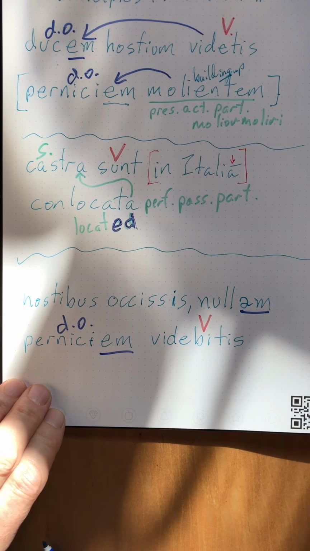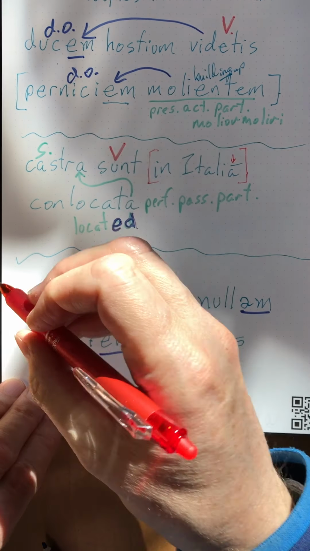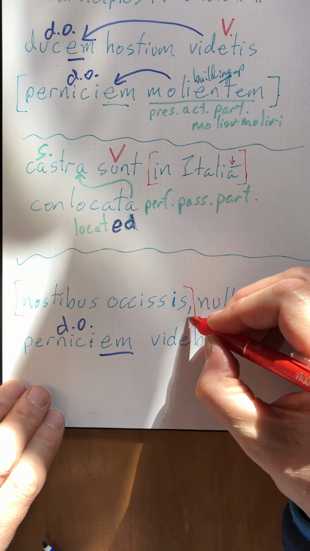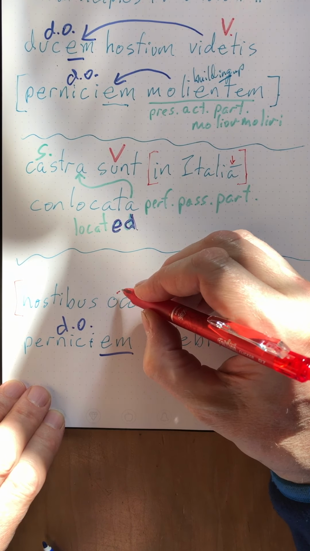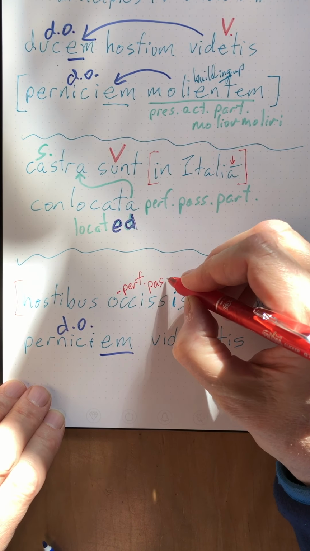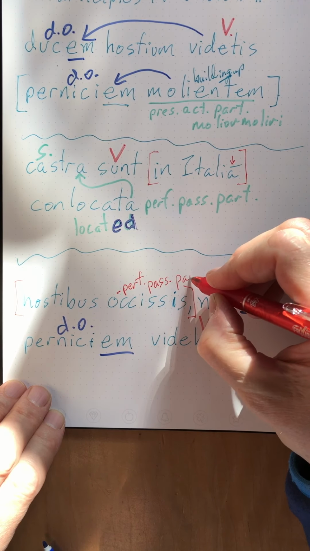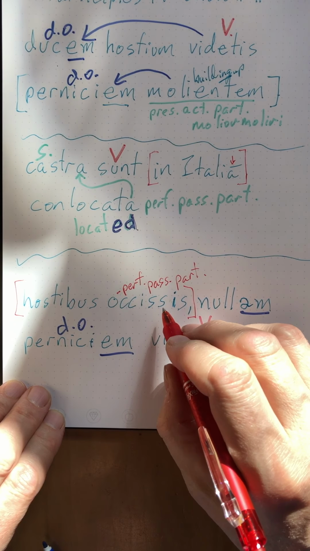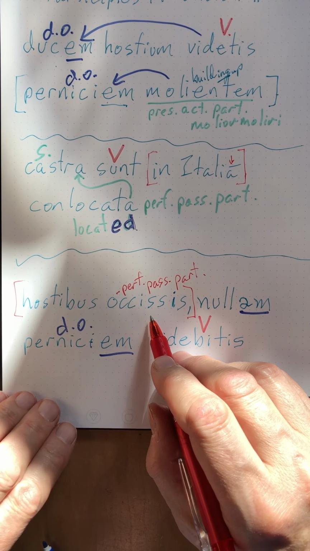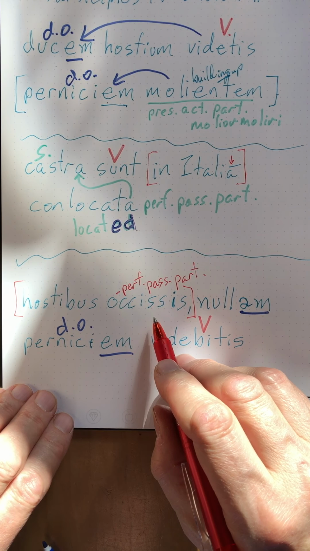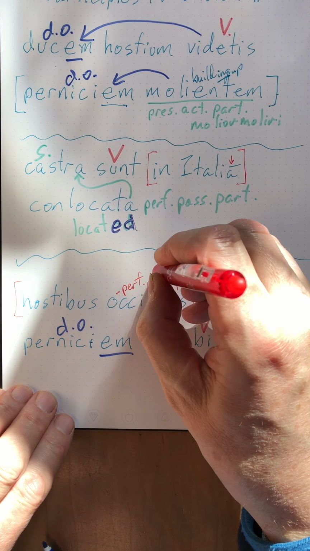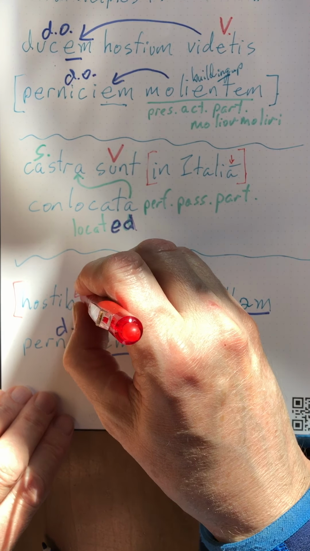All right. Now, beauty of this is, here's a little phrase. You can see a comma there. That's a tip for you. This here is the perfect passive participle again. Occisis from the fourth principal part. Let's do it. Occido, occidere, occidi, occisus, a. And this guy modifies hostibus.